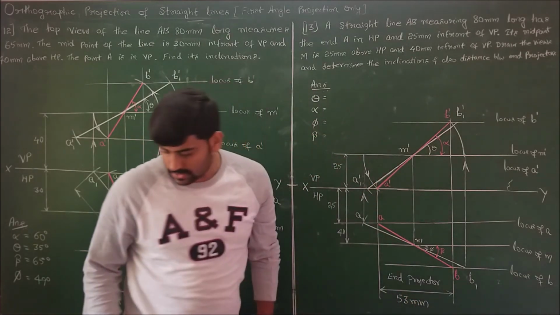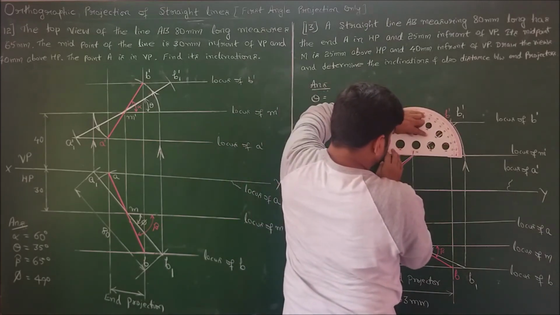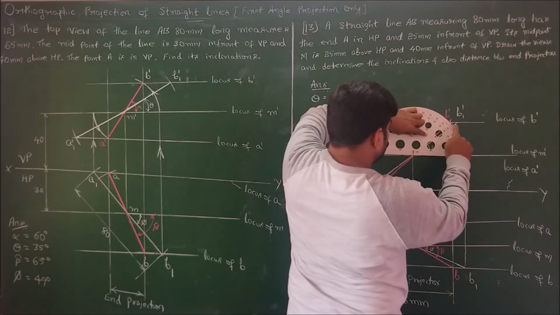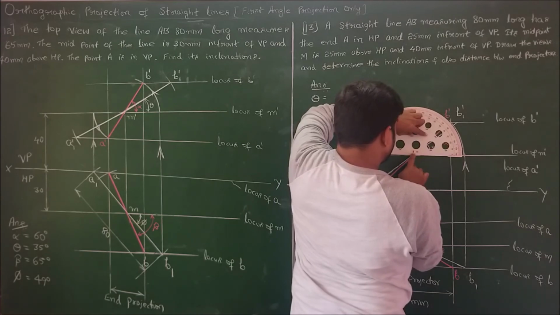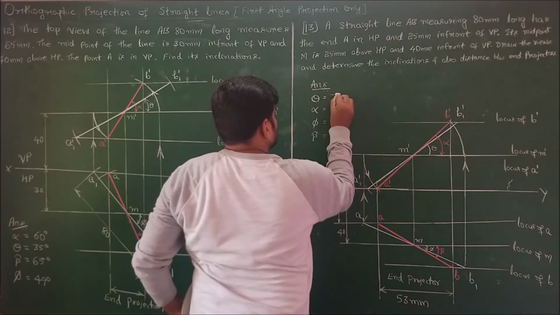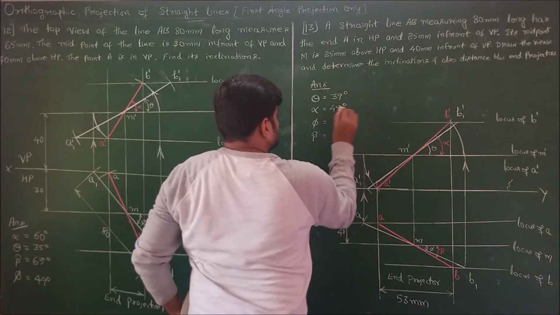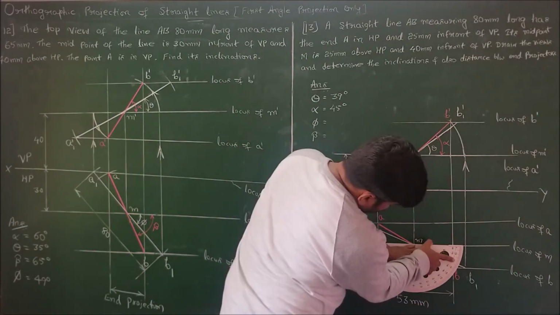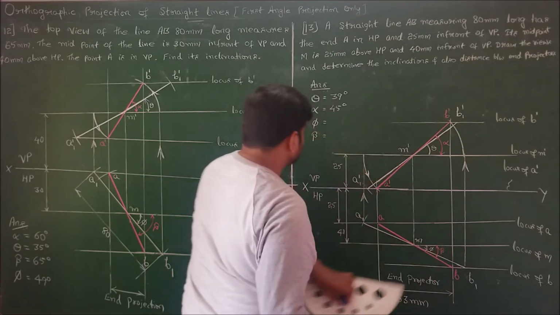Coming for angles, theta is 39 degrees, whereas alpha is 45 degrees, whereas phi is 22 degrees and beta is 30 degrees.